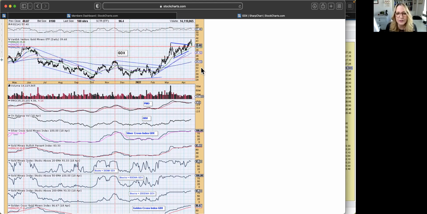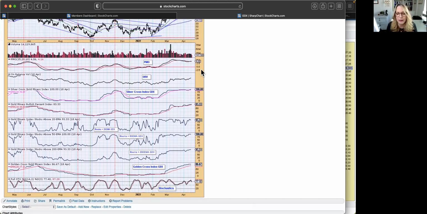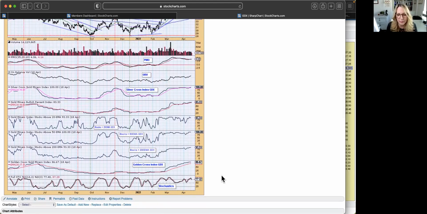I still like miners. Why do I still like miners? Because when I look under the hood, participation amongst them is outstanding. I didn't talk much about our silver cross and our golden cross, but I'll talk to you about that.